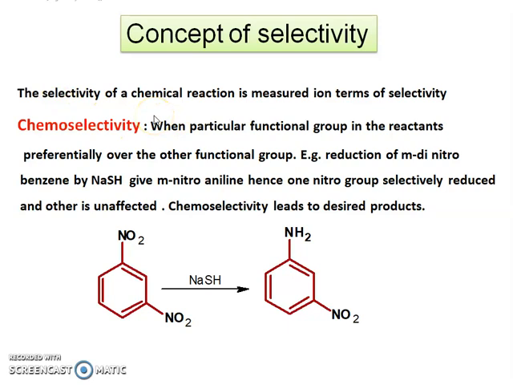The efficiency of chemical reactions can be measured as the ratio of desired product formed to the amount of desired product expected. First one is chemoselectivity and second type is regioselectivity. So first point is chemoselectivity.